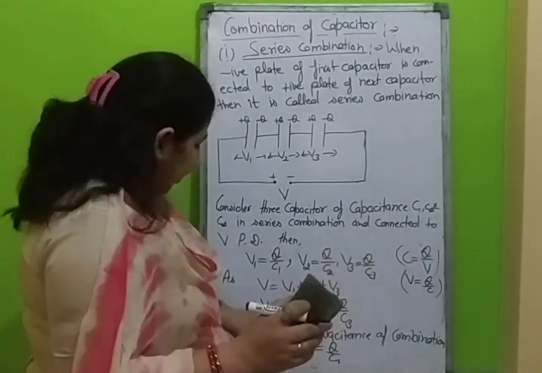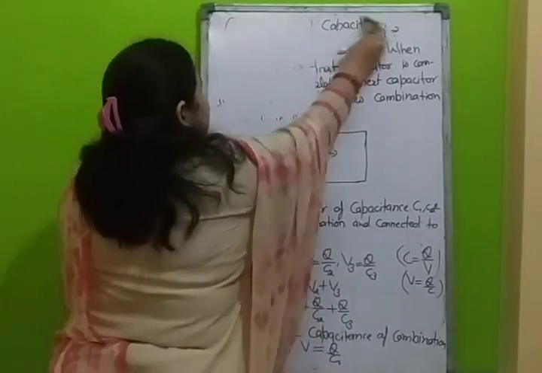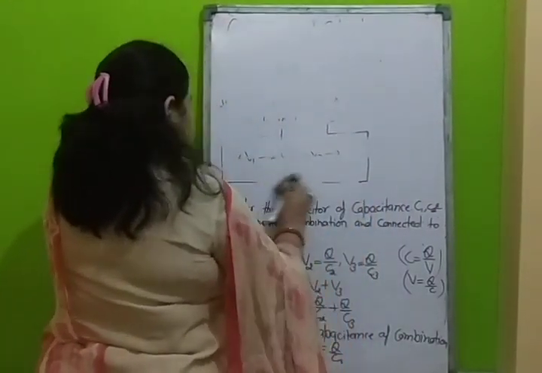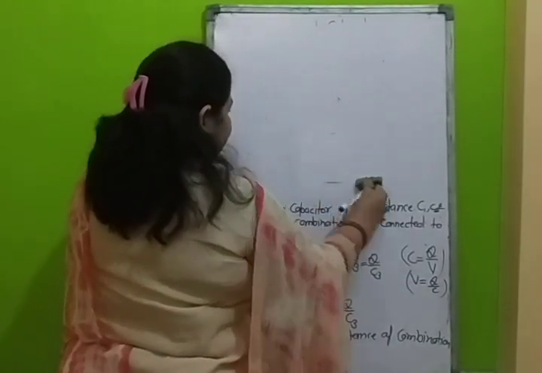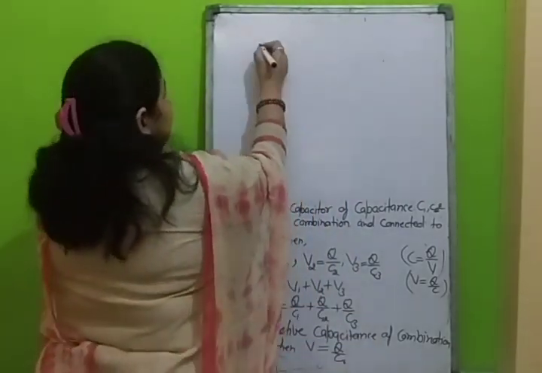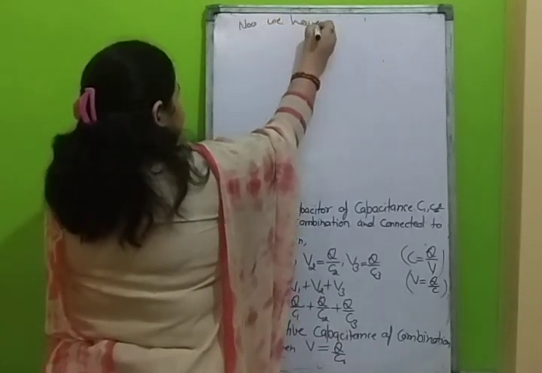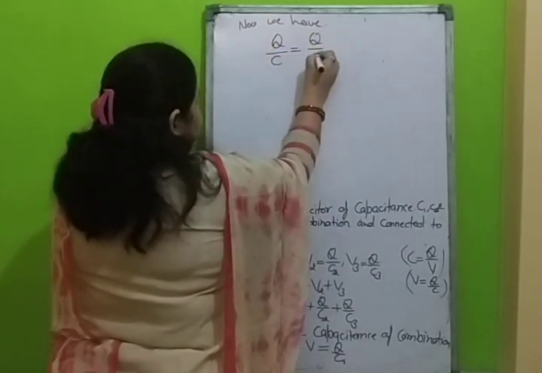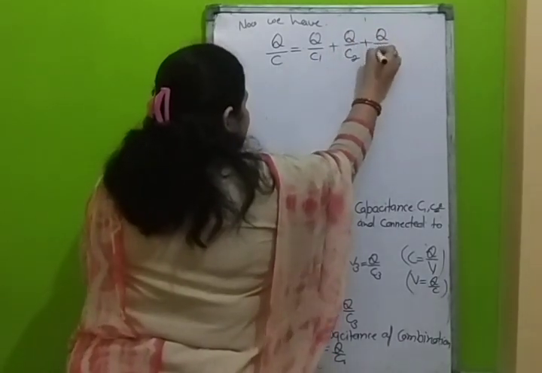Now put the value of V in this equation. We have Q upon C is equal to Q upon C1 plus Q upon C2 plus Q upon C3.